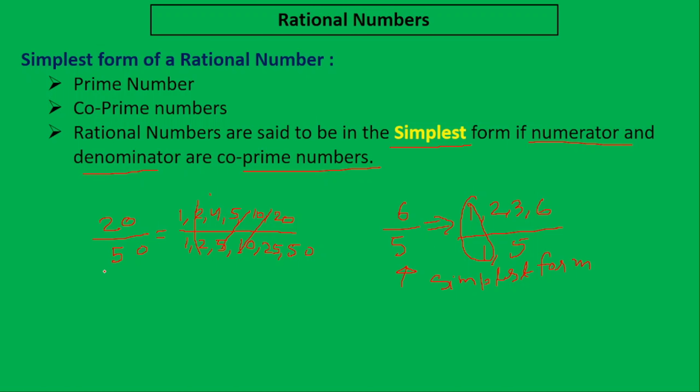So it has many common factors other than 1. Hence 20 by 50 is not in its simplest form. So many questions can come from this topic. In a subsequent lecture, I will give you some examples of how to do this.